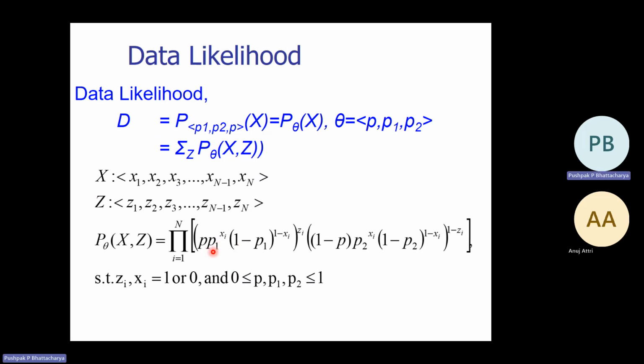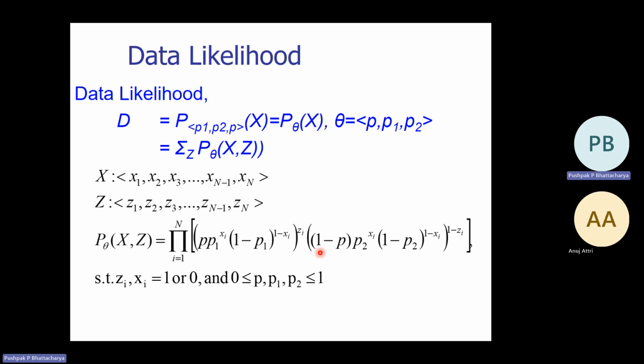And since the first coin is chosen, it is a joint probability of P into P1 to the power xi into 1 minus P1 to the power 1 minus xi. The whole thing is raised to the power Zi, where Zi is the indicator variable. Zi equal to 1 means that this expression will be involved because the observation is coming from the first coin.